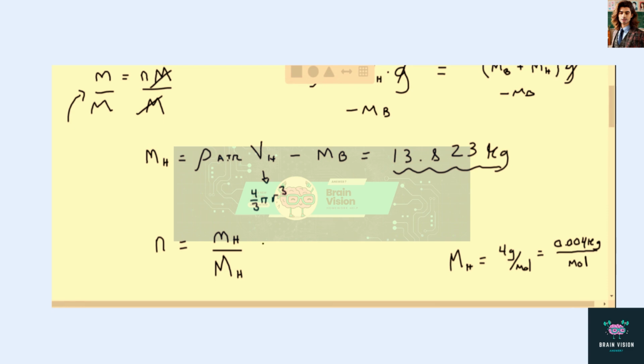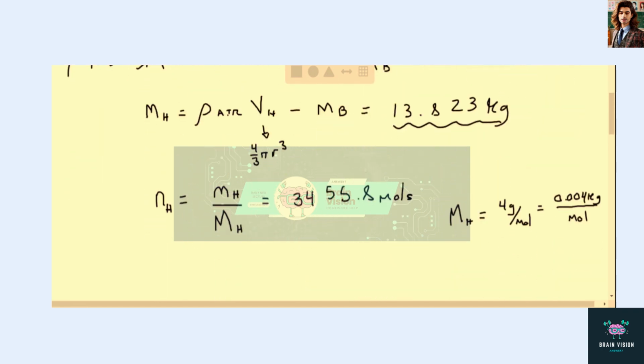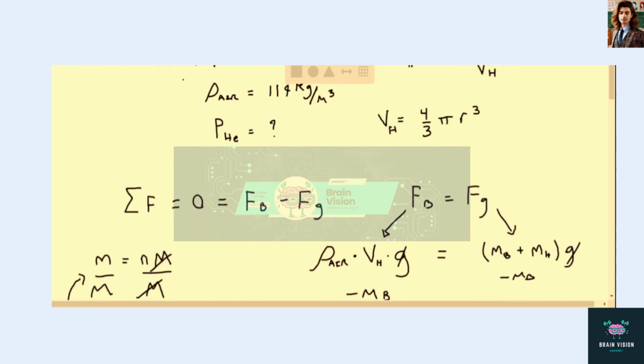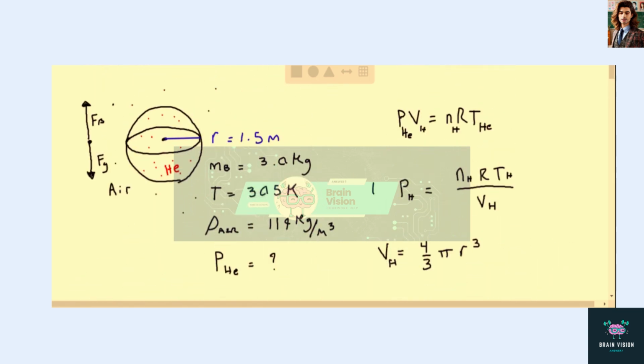And if we do that, we'll end up with 3,455.8 moles of helium. Okay. So now, let's just box that up since we know we're going to need it soon. We have our moles. We have the temperature, the volume, and then R is just a constant. So we are ready to go.